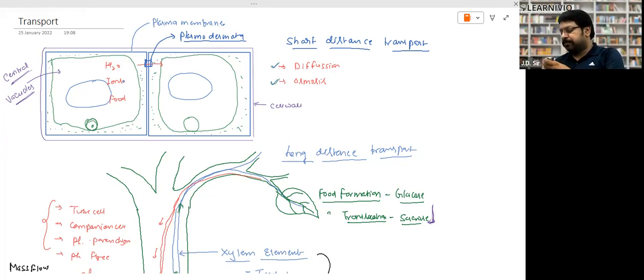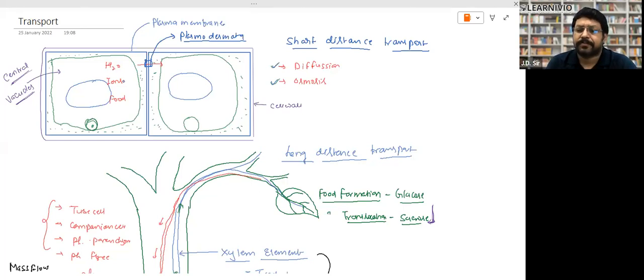Transport of substances between two plant cells takes place through plasmodesmata. Full stop.